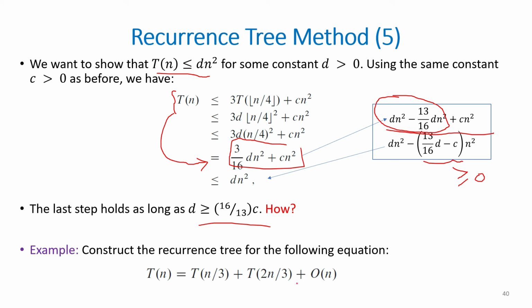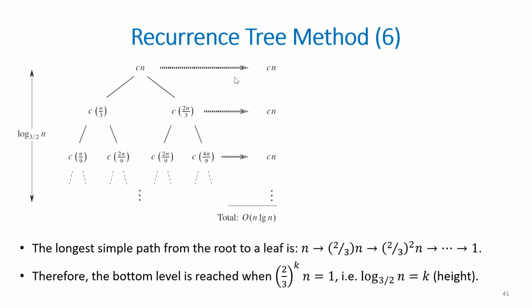Now, as an example, try to construct a recursion tree for this given equation. In this example, we see that the problem is not divided into subproblems of the same size, but rather each subproblem reduces in size at a different rate. The tree for this recurrence equation is seen over here. The node at the top, which is called the root, branches out into two parts, where the left part reduces to 1/3 of the original size, and the right branch reduces to 2/3 of the original size.